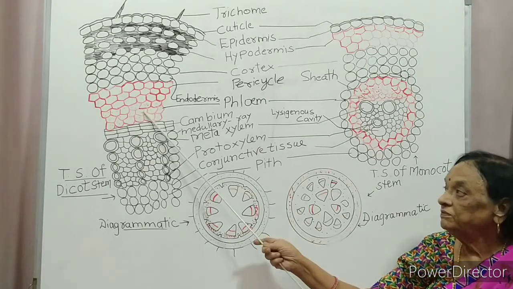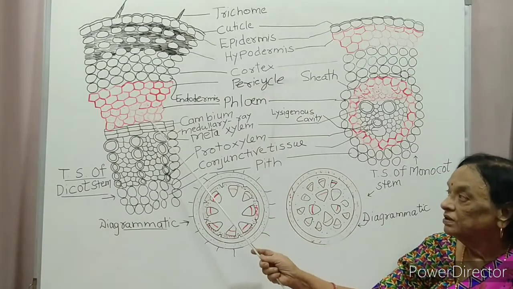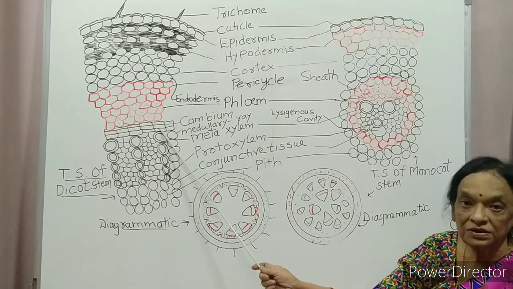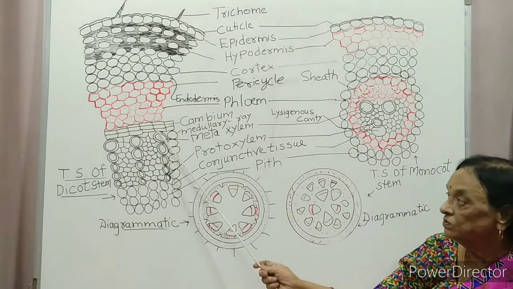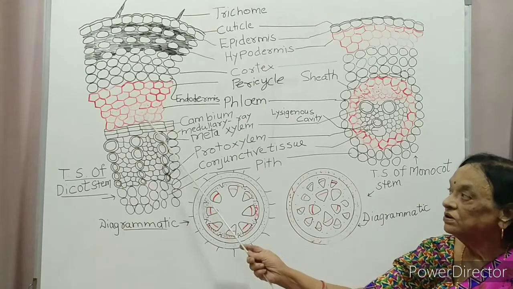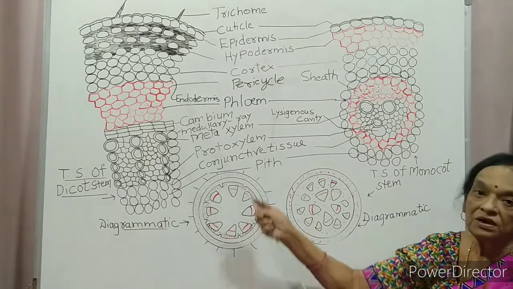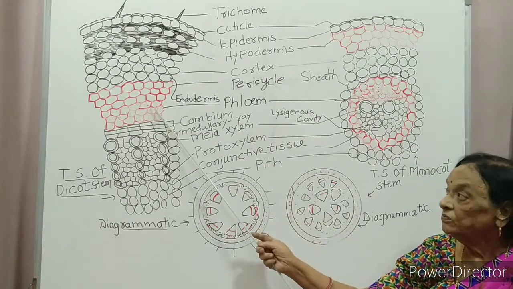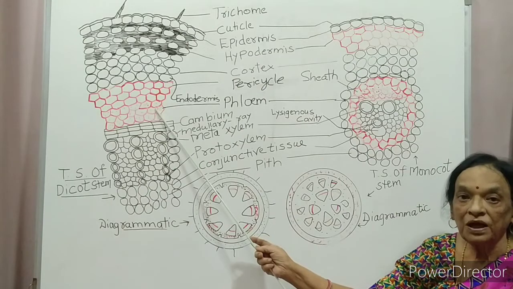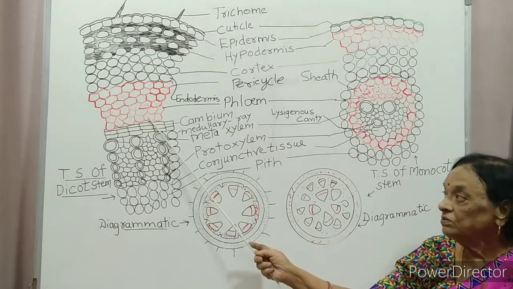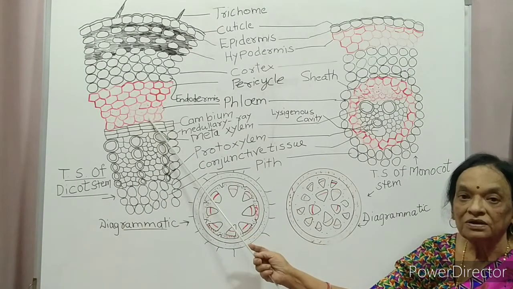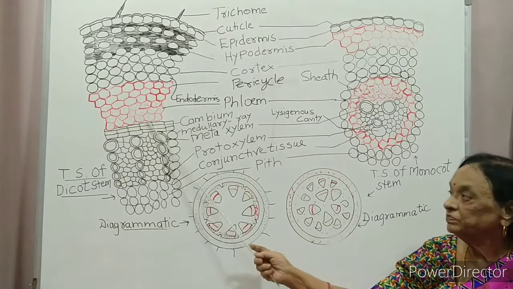Repeating, when cambium becomes active, it forms new phloem cells which occupy the place of old phloem, and old phloem is pushed upward. So old phloem is called primary phloem and new phloem is called secondary phloem.